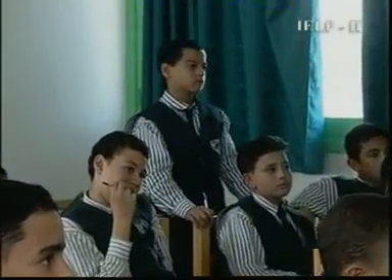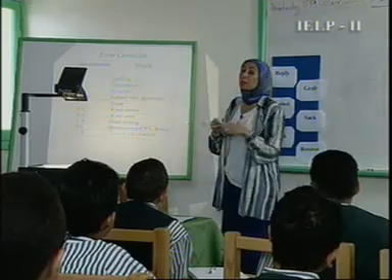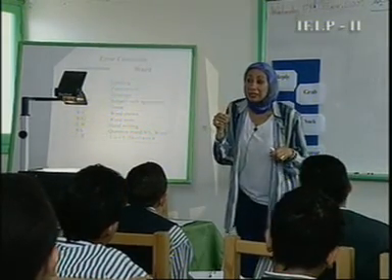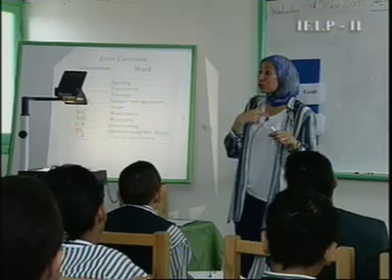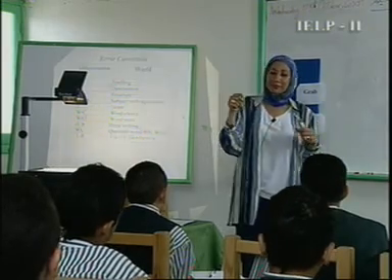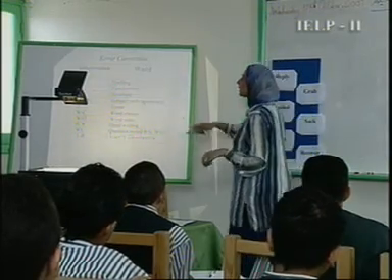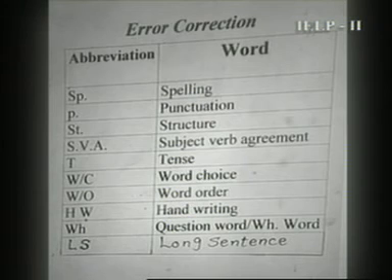So if you find SP, you will think of spelling. There must be a spelling mistake, which should be corrected by ourselves. Yes, very good. So SP stands for spelling. SVA, subject verb agreement.